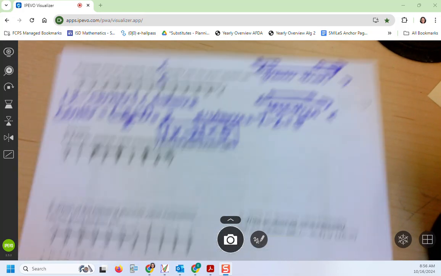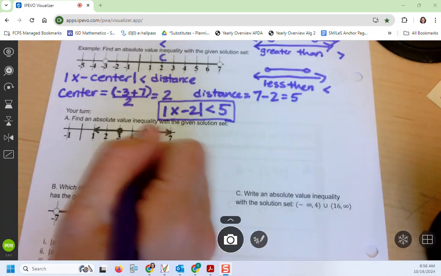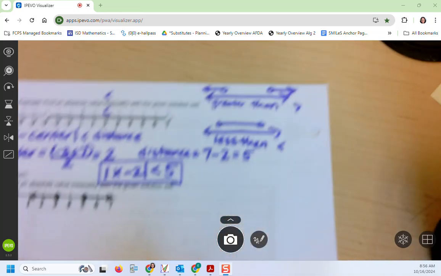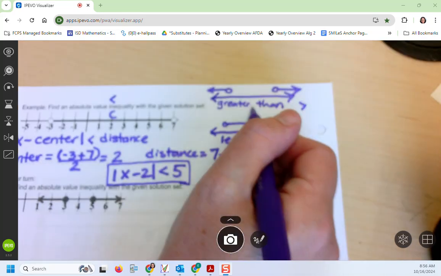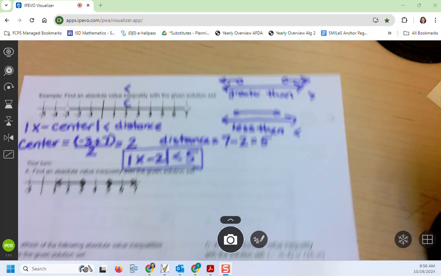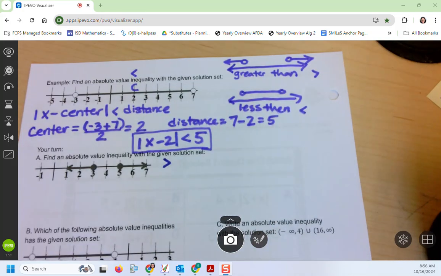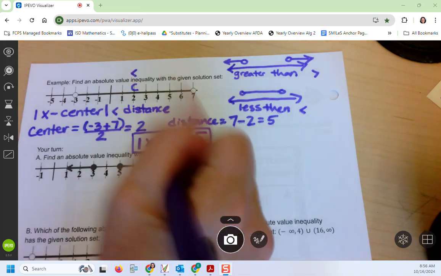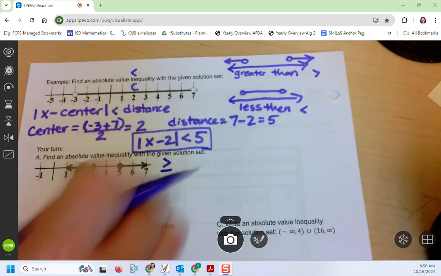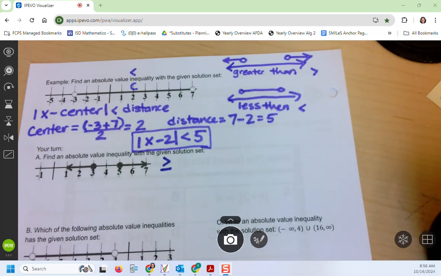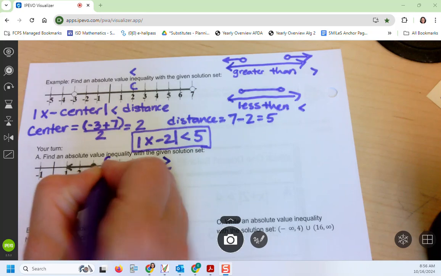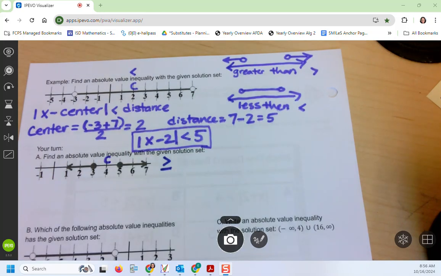Okay. So in this one, it looks different, but looking back at our notes, we realize the only thing that's different is that it's going to be the greater than, and because the dots are filled in, it's going to be greater than or what? Or equal to, good. Because the dots are filled in, and then greater than because it's going out. Your center is right here in the middle. If you saw it was in the middle and you just said the center is 4, that's fine.